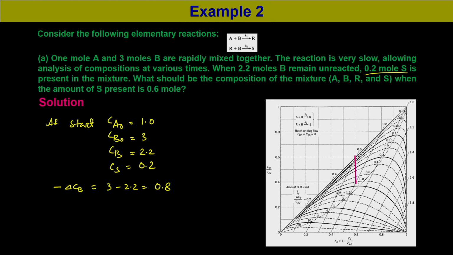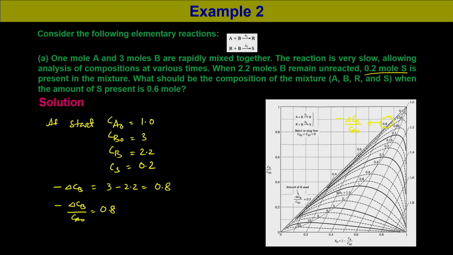This is the line for minus delta Cb by Ca naught equal to 0.8, so we can locate this curve for delta Cb by Ca naught equal to 0.8.